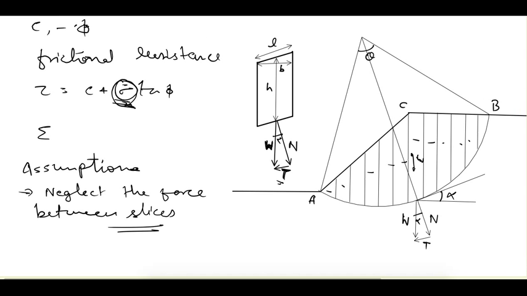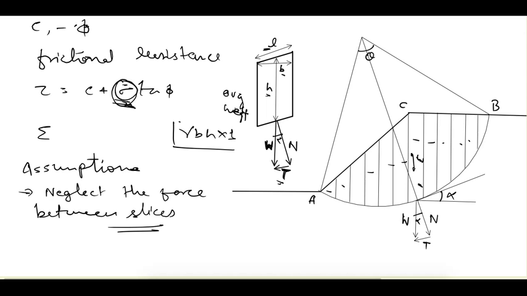If we take this slice that I have shown here, B is its width, H is the average height, and L is this length. So the area is given as B into H, and if we take the unit weight of the soil as gamma, then gamma BH is the volume multiplied by the unit weight.